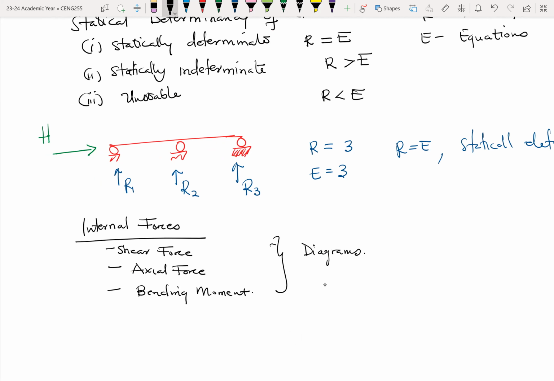From these diagrams, we look for the worst case scenario, and that's pretty much what design is. We take the worst case scenario of the shear force, the axial force, and the same with the bending moment, and then we design against this worst case scenario. In basic terms, that's design.